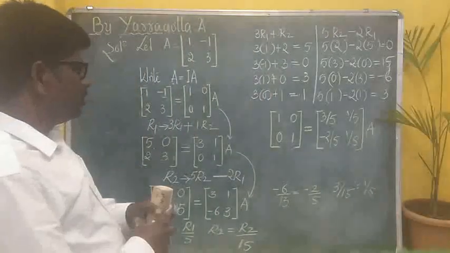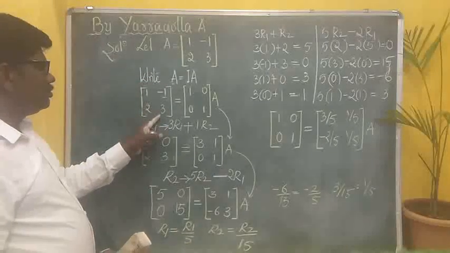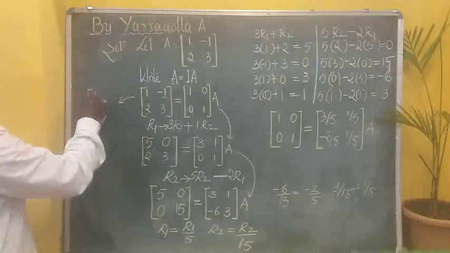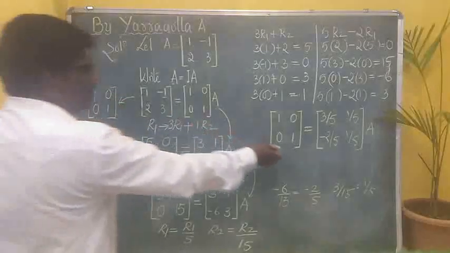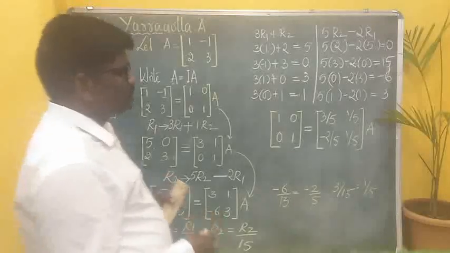As I said, we have to convert this to which matrix? If you remember, I have told 1 0 0 1. Done? See, we have already converted it, right? So then our answer is done here.